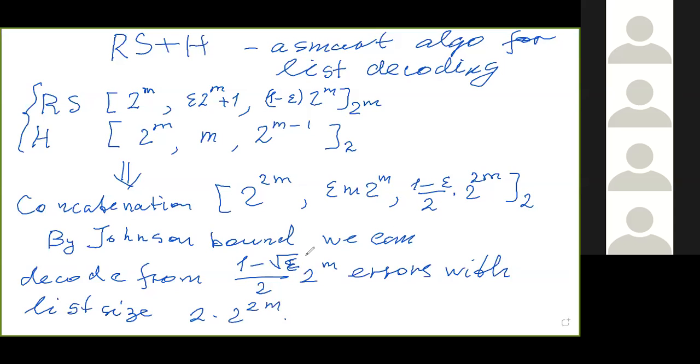And now I want to explain how to do that in polynomial time. Actually, we will decode from a little bit fewer errors, and the list size will be not 2 times 2 to the m, but square root of 1 over epsilon times 2 to the 2m. But it's not important. So the theorem we will prove today will be the following.